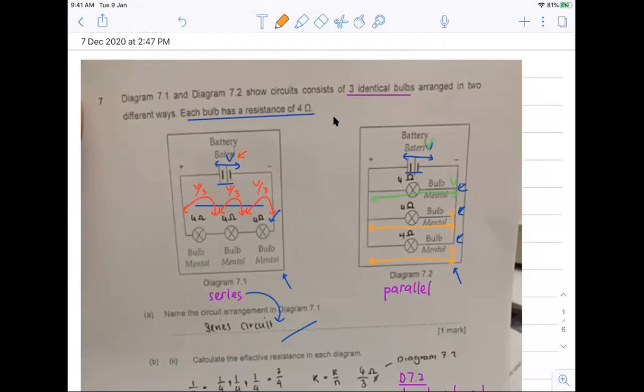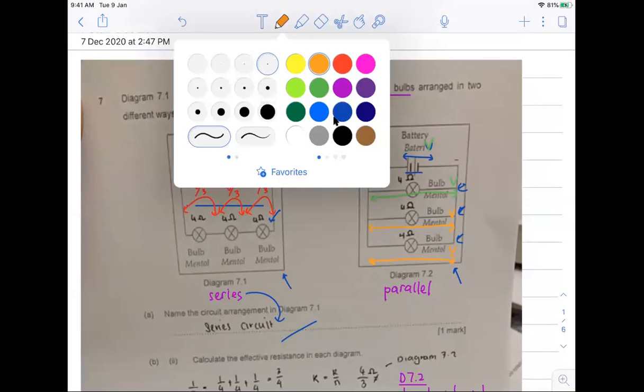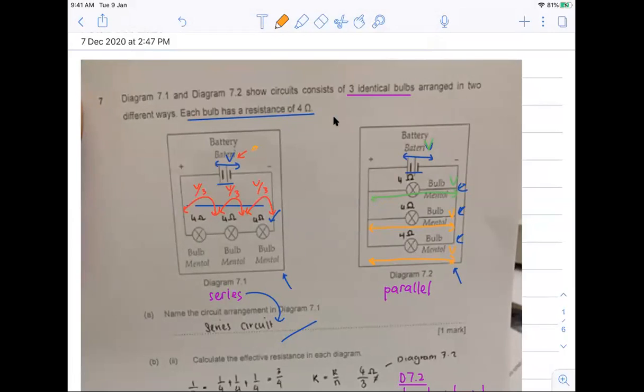To make it simpler, let's say this battery is 9 volt, for example. Then for the series connection, all bulbs will get 3 volt, 3 volt, 3 volt. But for the parallel connection, if it's 9 volt, all the bulbs will get 9 volt, 9 volt, 9 volt.